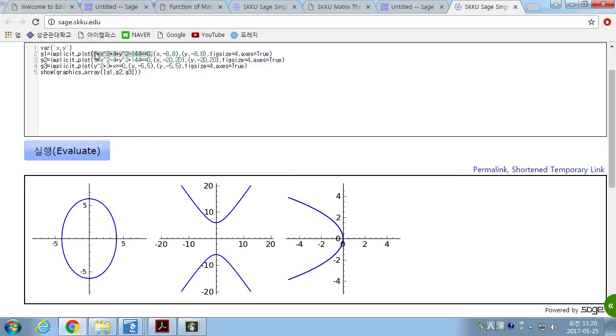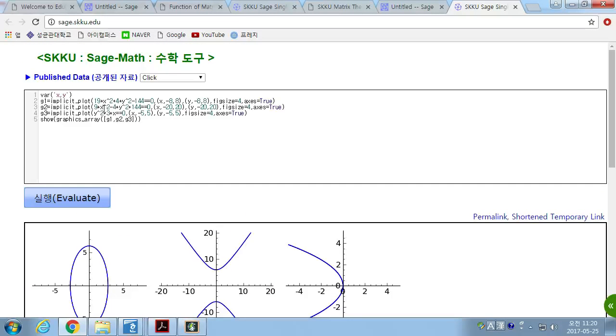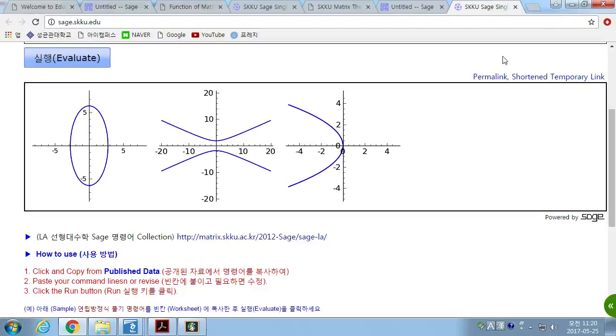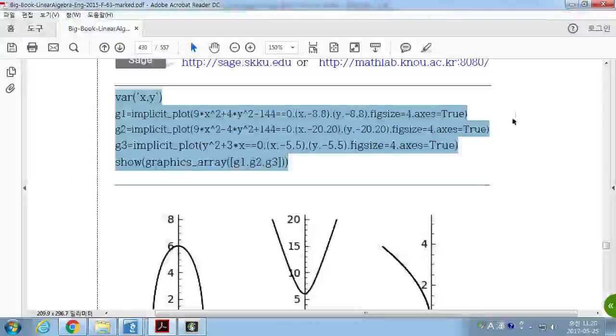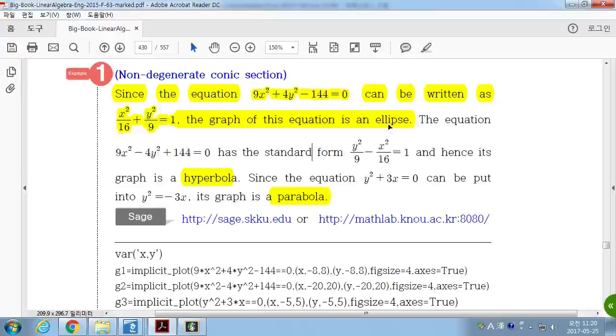If you change the numbers here, then you will see different graphs. Anyway, whatever you have here, if you write it in a standard form, then you will characterize whether it is an ellipse, parabola, or hyperbola.